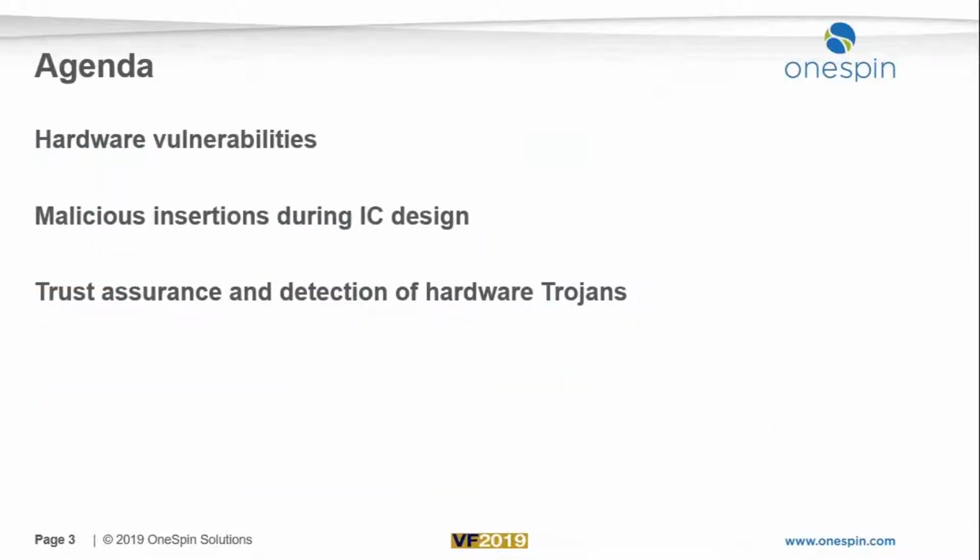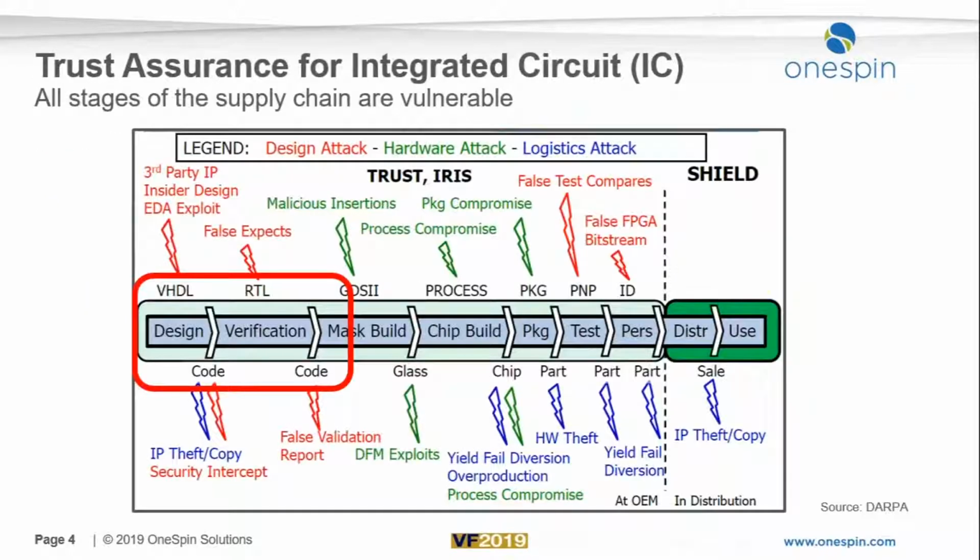So I'm going to talk a little bit about hardware vulnerabilities, malicious insertion during IC design, and trust assurance, detection of Trojans. This is a slide from DARPA. The problem of malicious insertions and assurance of the supply chain is a huge problem. All stages are vulnerable.